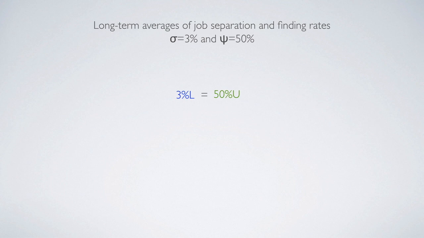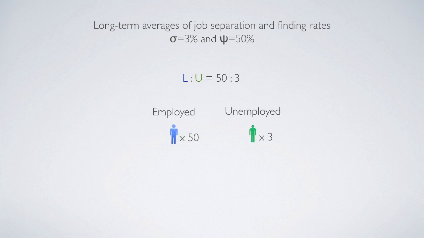So given this equality, the long-term steady level of employment L over the long-term steady level of unemployment U will be equal to 50 over 3, which means that in the long run, when the economy stays constant, whenever there are 50 employed workers, we will see 3 unemployed workers.